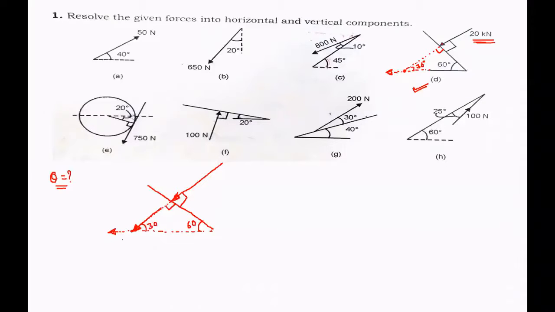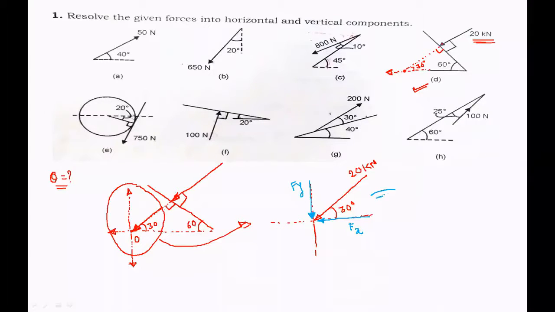Now consider this as an origin and construct the y-axis. Otherwise, you can draw this figure by considering the force completely in the third quadrant. The meaning will remain the same. So you can extend this line of action up to the third quadrant.